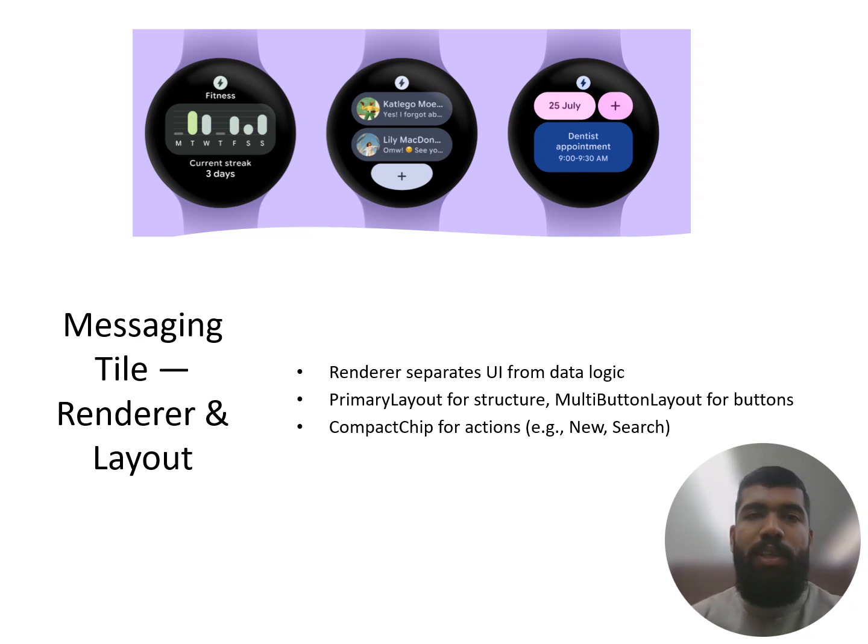We will also fetch avatars using Coil, map them to resource IDs, and then render them inside the tile. That's how these messaging tiles are rendered and how the layouts are designed within the backend.